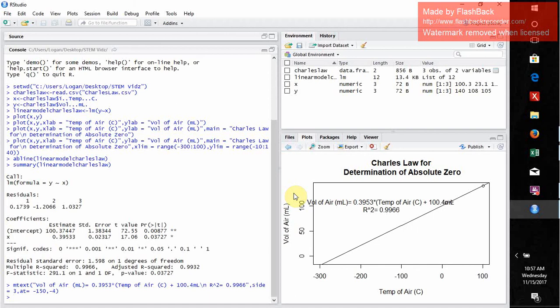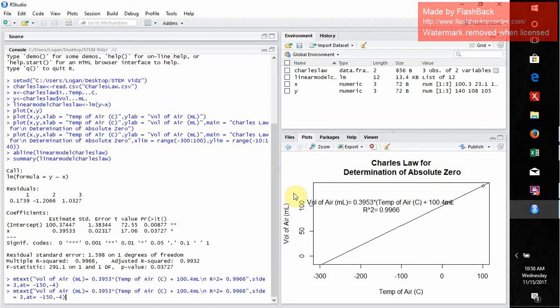So I'm not quite liking the position of that. Let's do this instead. Actually, let's see what happens if we try to change the positioning a little bit.